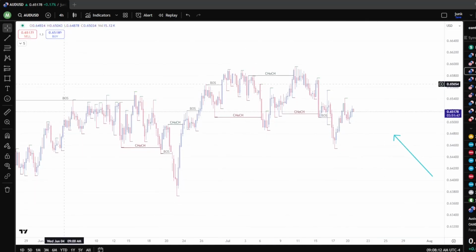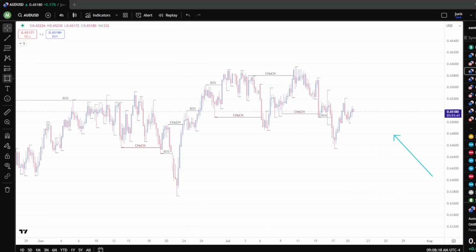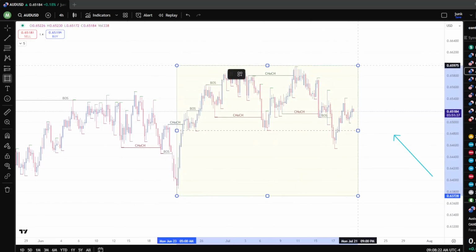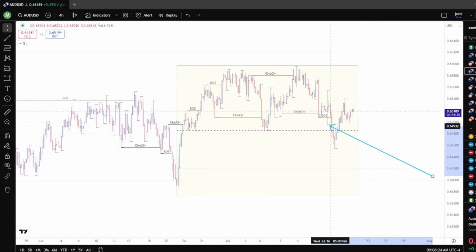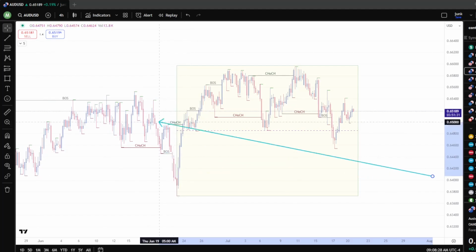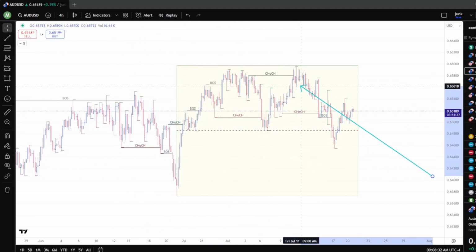AUD USD, let's go map out the current range. It looks like this has formed another spring, waiting to see if momentum can pick up to the upside. Like I said before, this was the spring from this other structure. Now it may be forming another accumulation.